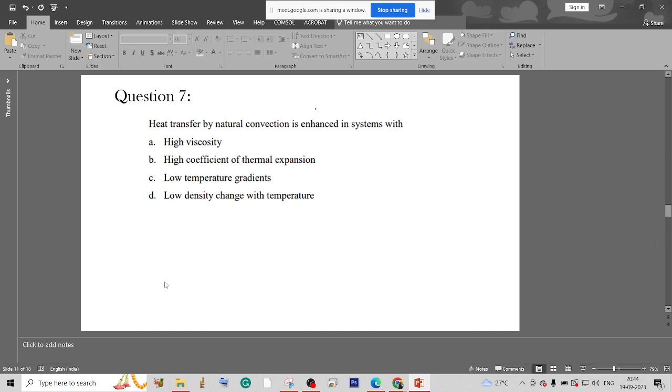This means for increasing natural convection, we need Grashof number more. Grashof number more means beta more. Beta more means the change in volume with temperature will be more, right?